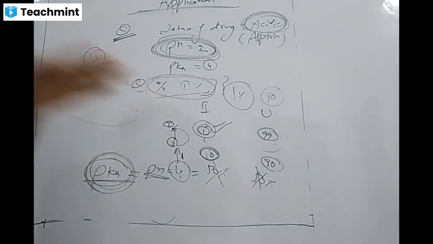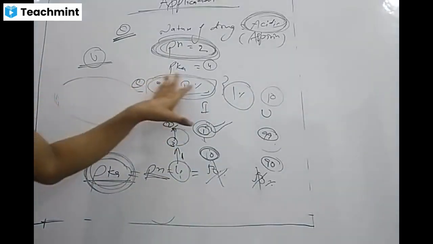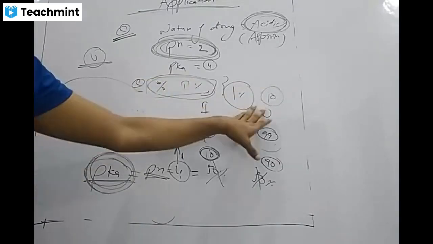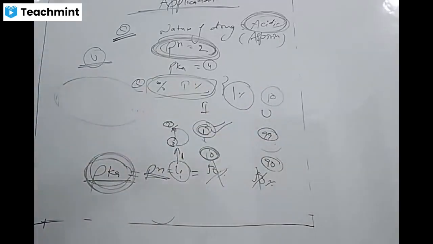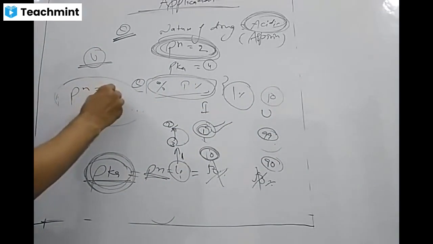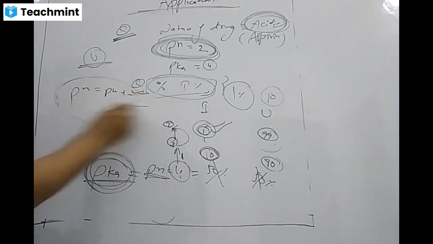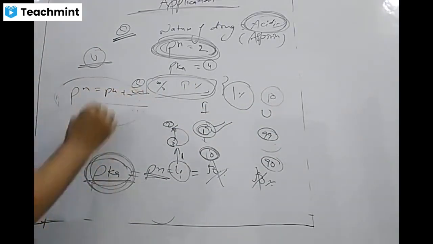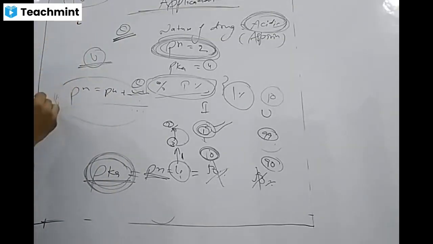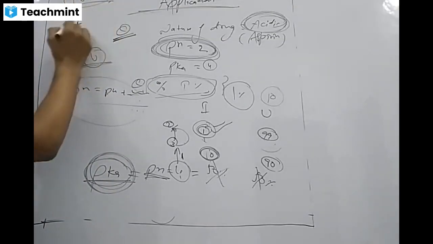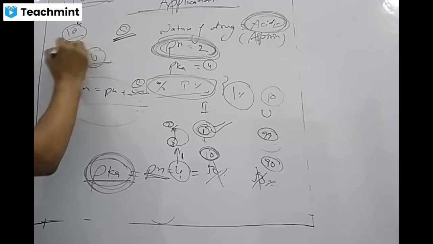If the question is what percent of drug is unionized, then the answer will be 99%. So that equation, pH equal to pKa plus log I by U, is the simplified form of the pH partition hypothesis, where 1 unit leads to a change of 10.